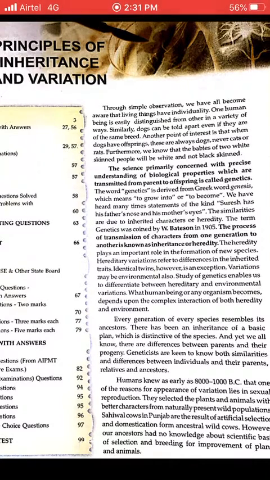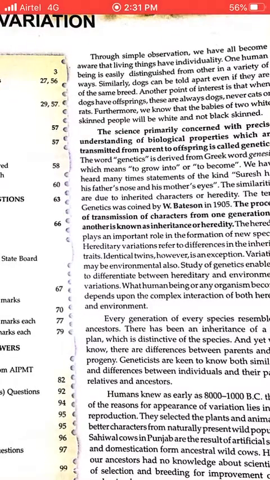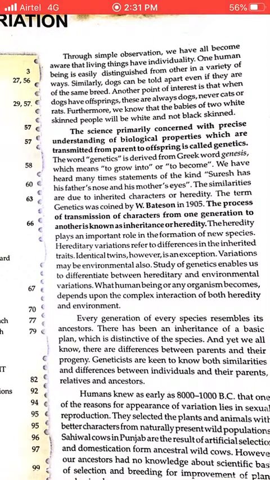There are various scientists associated with it. These scientists gave the definition of genetics on the basis of its study. Mr. W. Watson in the year 1995 coined the term heredity or inheritance, explaining that the process of transmission of characters from one generation to another is known as inheritance.